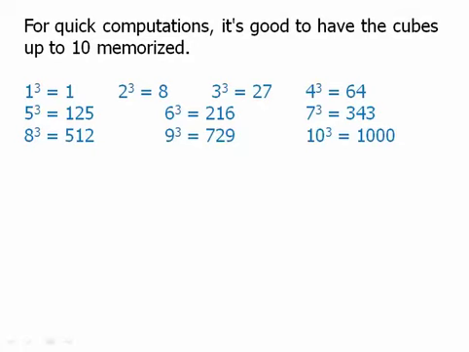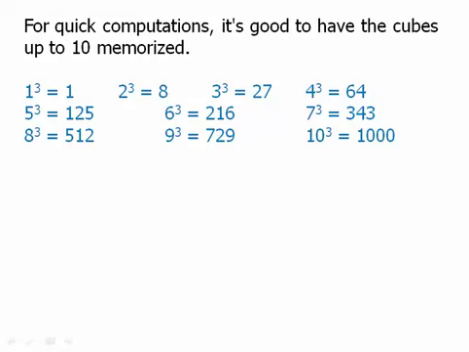For quick computations, it's good to have the cubes up to 10 memorized. Certainly the first 6 are very important to memorize, and really if you know all 10, it's kind of a time saver. And a couple things I'll point out. Notice that 8 cubed would be 2 to the 9th. Notice that 4 cubed, that's 2 squared cubed, so that would be 2 to the 6th.